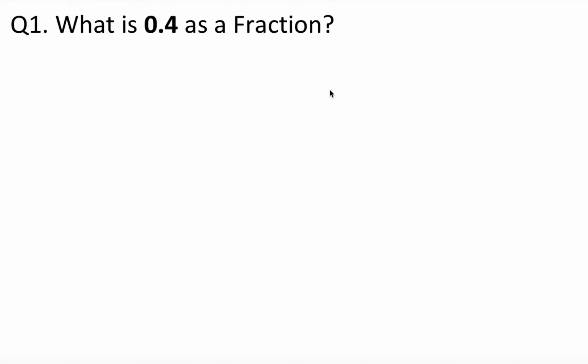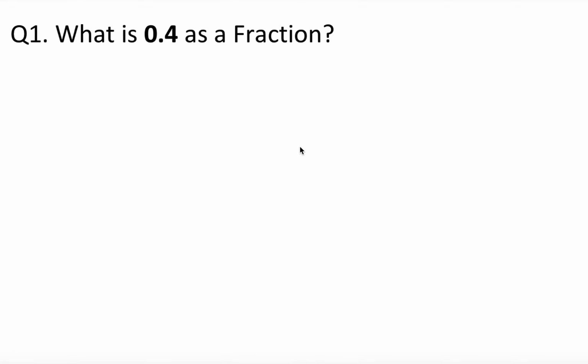Question one. What is 0.4 as a fraction? So we've got to turn a decimal into a fraction. How are we going to do that? What we need to do is write it down.